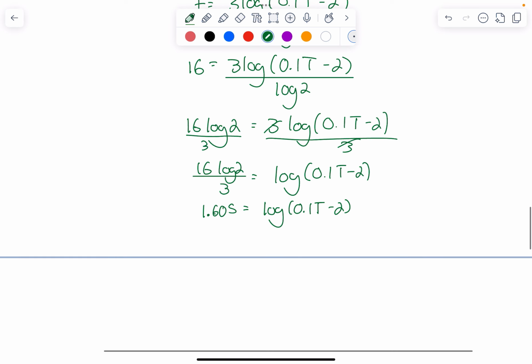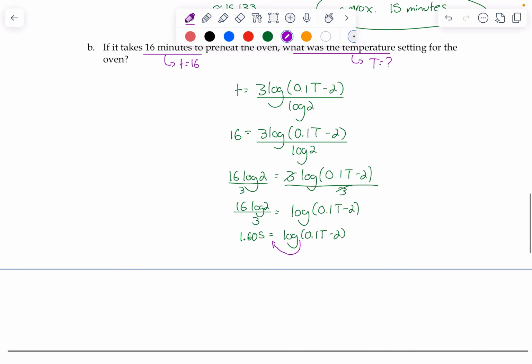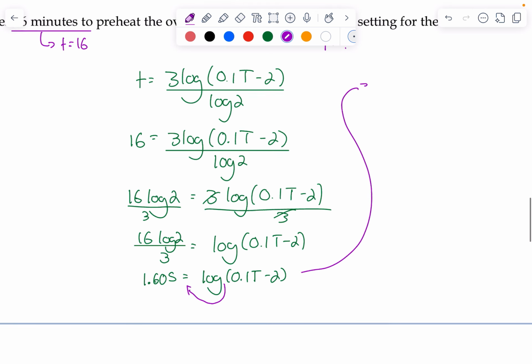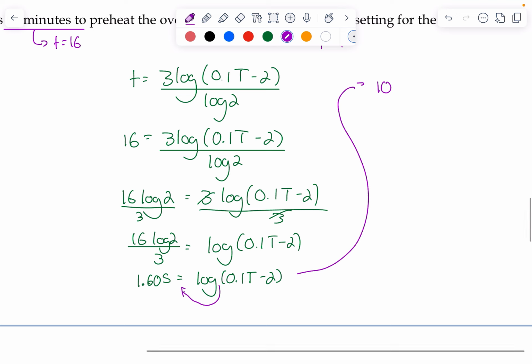So we're isolating for the inside of a log. That means turn that into exponential. So take the base of the log and put it to the power of that. So that base, because we don't see a number, is really just 10. So that's me saying, hey, take 10 and put it to the power of 1.605. And that will be equal to 0.1 T minus 2.